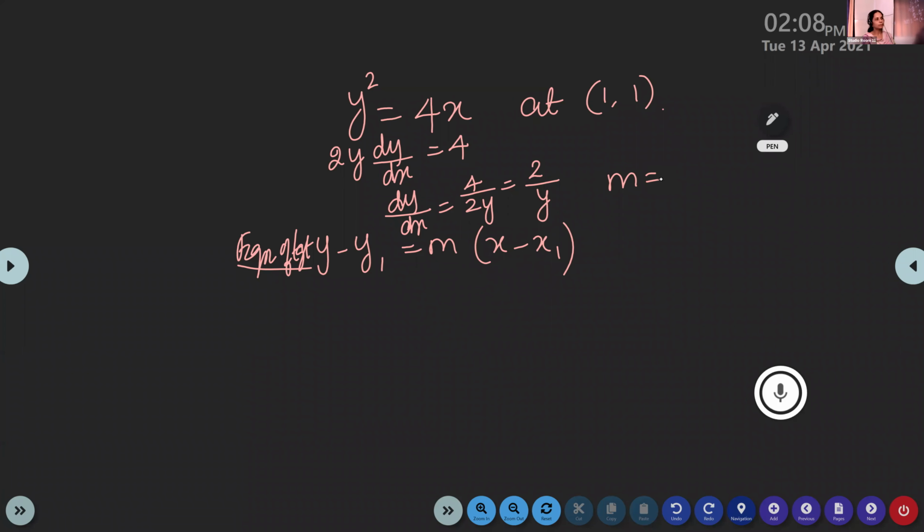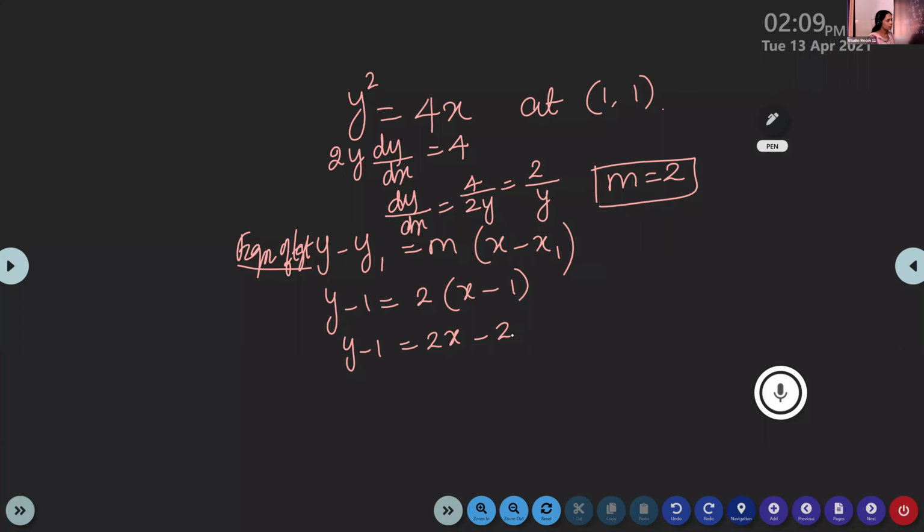Yes, Aishwarya, value of m is 2. Therefore, what is the equation of the tangent? The equation of the tangent is y minus 1 is equal to 2 into x minus 1. So y minus 1 is equal to 2x minus 2.